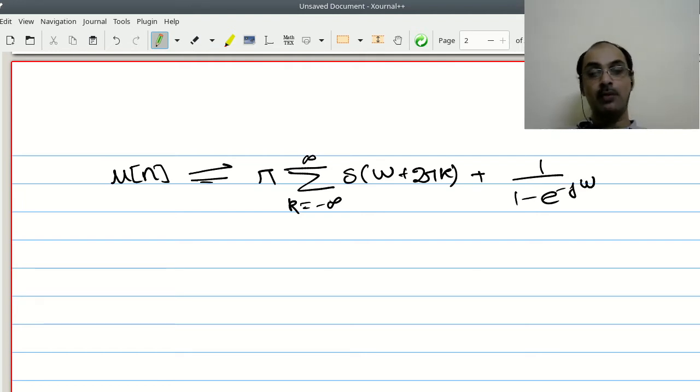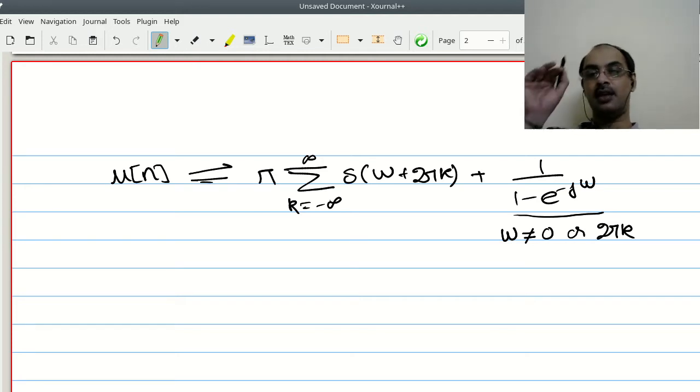Now you may actually wonder why this is the case. This can be understood by seeing that we have a reasonable degree of clarity about this particular part whenever omega is not equal to 0 or a multiple of 2 pi, because when omega is 0 or a multiple of 2 pi, then 1 upon 1 minus 1 is undefined.